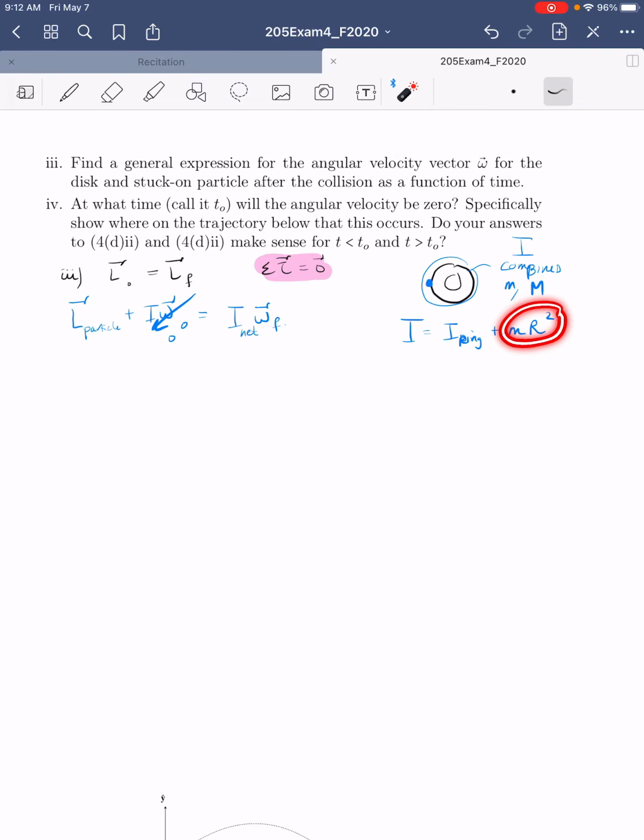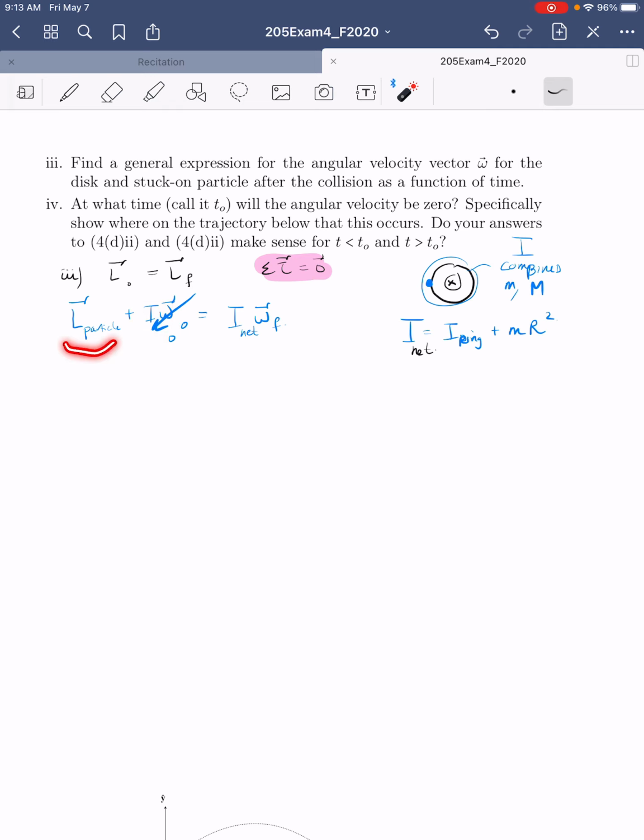The moment of inertia of a point particle is mr squared. Here, I'm going to be defining the axis of rotation through here, and my distance away will actually be the outer radius r, mr squared. So that's the net moment of inertia of the system after the collision. Just FYI, if I had included this, it would have just been I of the ring itself, but it's not.